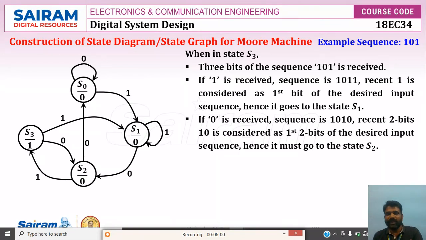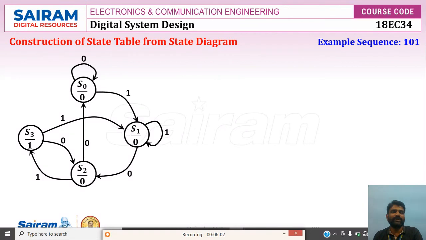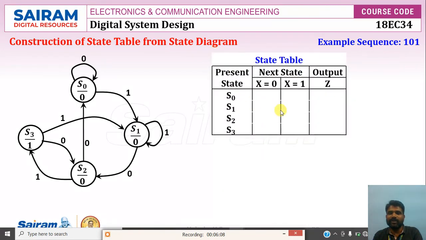Then we'll follow the same design procedure, construction of the state table from the state diagram. So the state table has present state. Here we have four states: S0, S1, S2, S3. Next state when x is equal to 0, when x is equal to 1, and output.